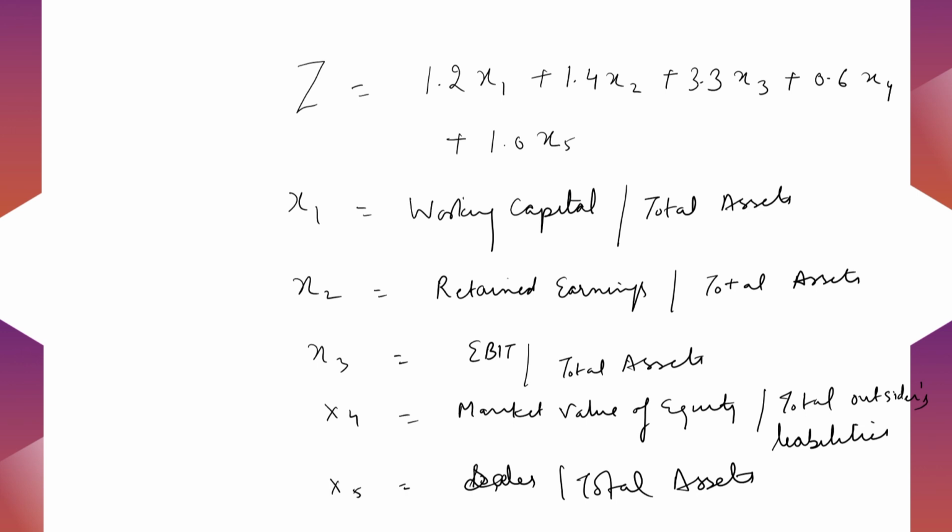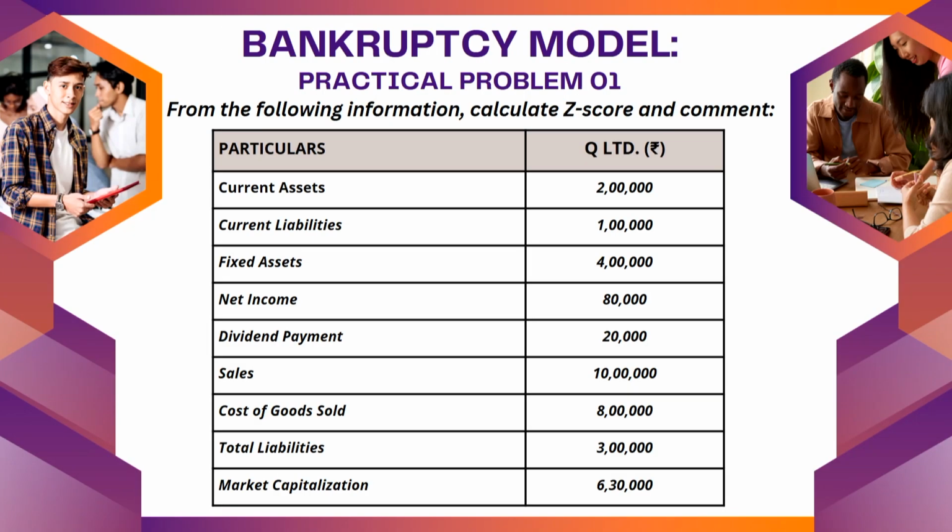To start with, we need the computation of working capital for the value of x1. You can see we are provided with two components: one is the current assets, another is the current liabilities.